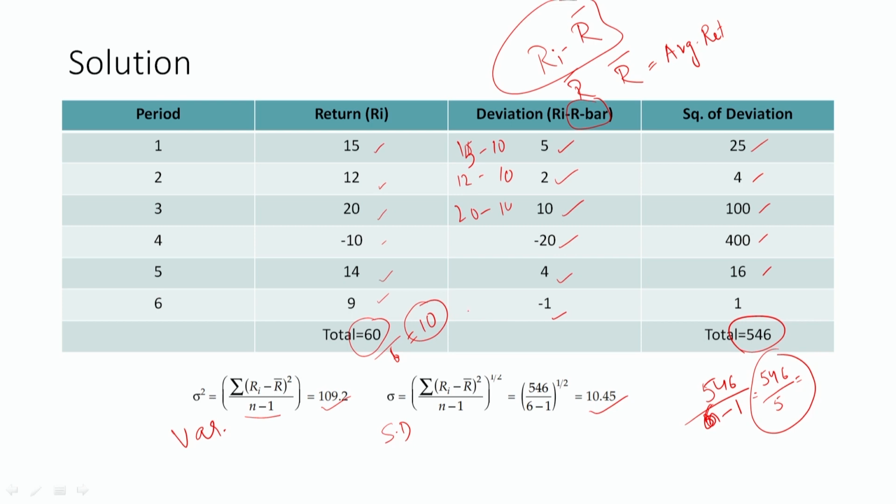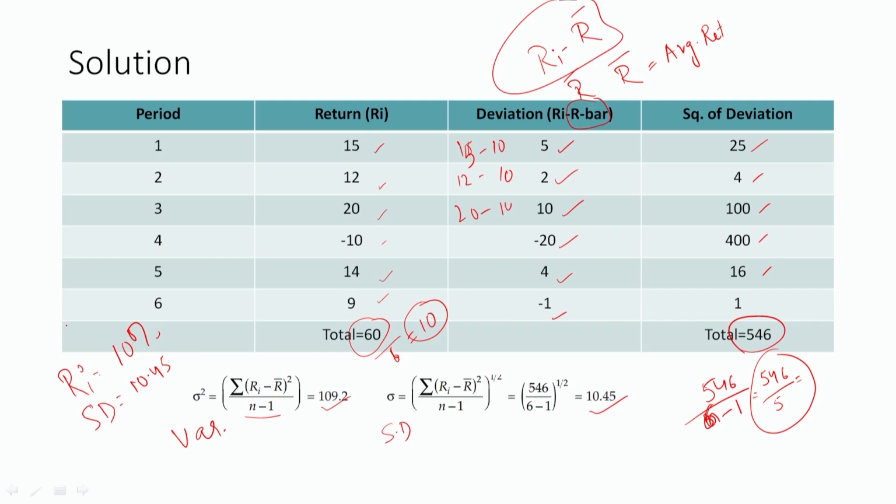So the average return in this case is 10% and the standard deviation is 10.45. So this is quite a risky instrument.